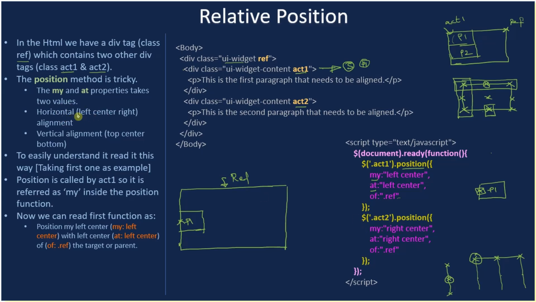Align my right center in horizontal. Let's take this similar picture. Align my right center. This is the vertical one. In vertical, center means this is the one we are picking. Align my right center at right center of the reference.